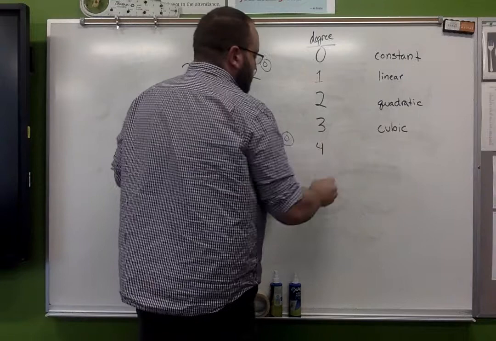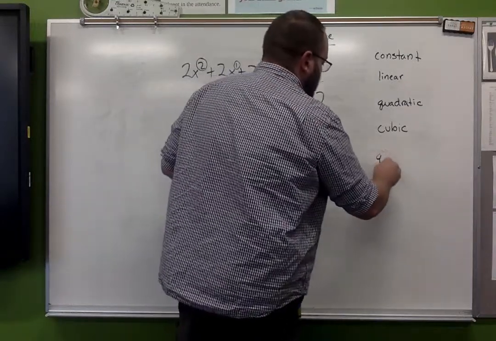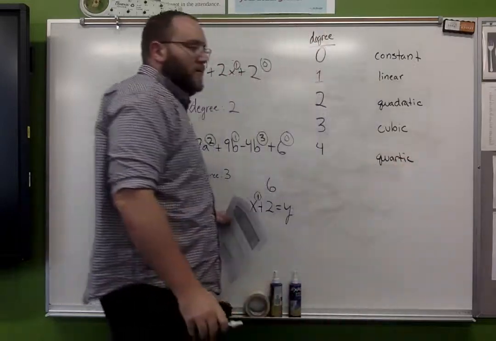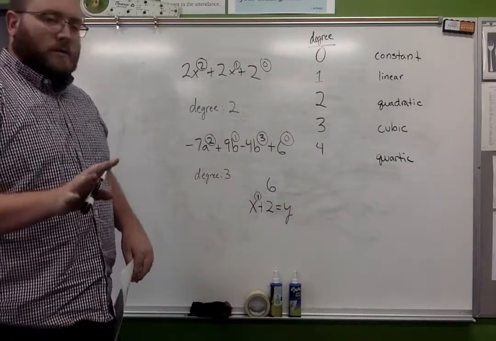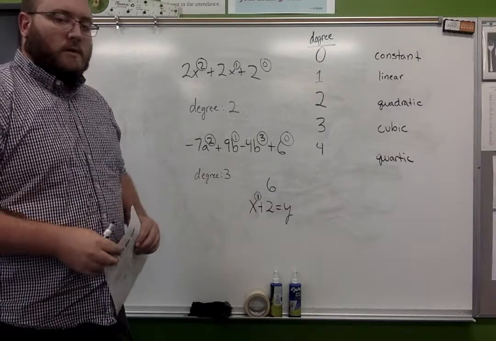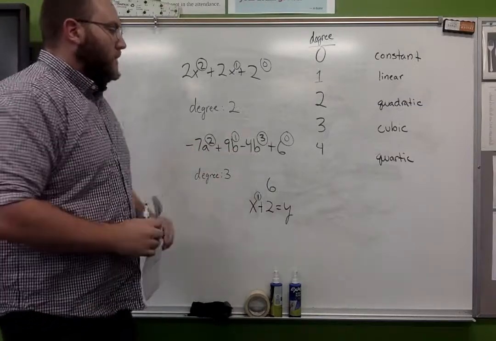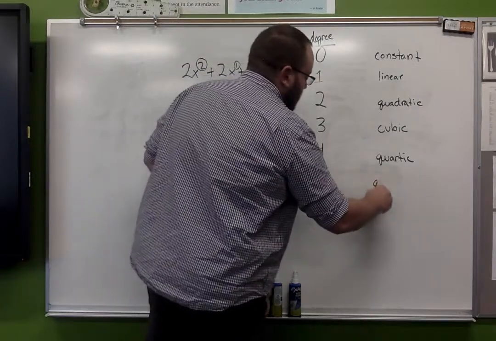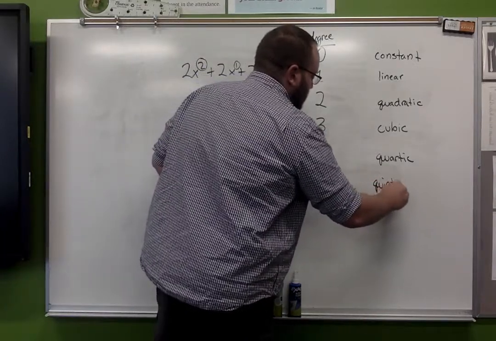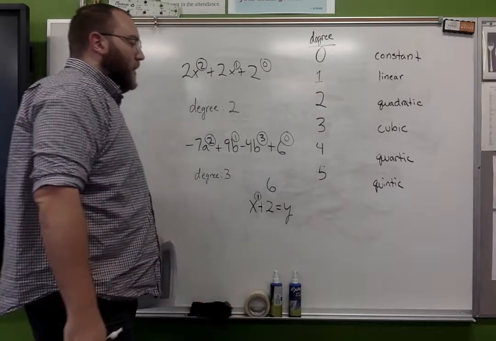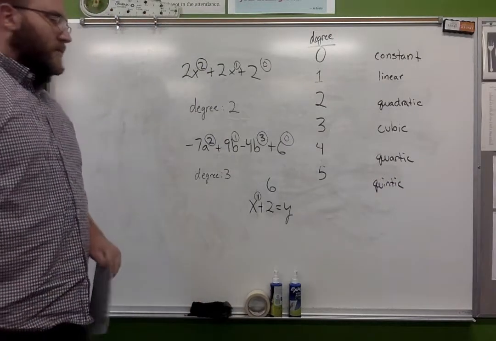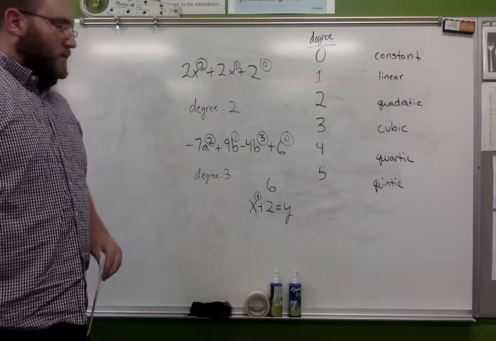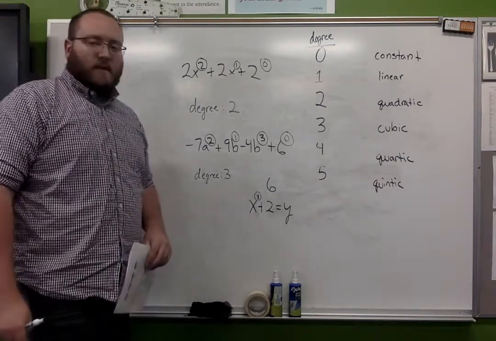Degree 4, this one sounds a little better, is quartic. Quartic, kind of like a quart of milk. It takes 4 quarts to a gallon, or 4 quarters to $1. So degree 4 is quartic. And then degree 5 is quintic. That's also Latin. For example, the name Quintus, which was a Latin name, meant the fifth son.